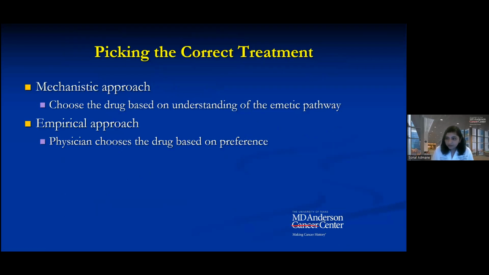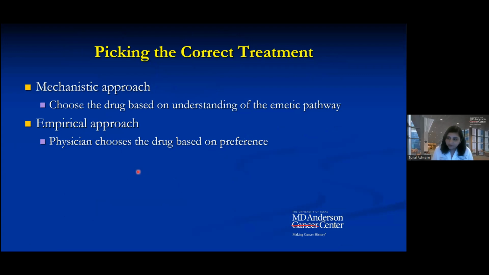Moving on, approach to nausea and vomiting consists of two ways, and none is superior to the other. One is the mechanistic approach, in which we choose the drug based on the understanding of the pathway, and it's very receptor driven. Dr. Salins mentioned most of these receptors in his presentation.